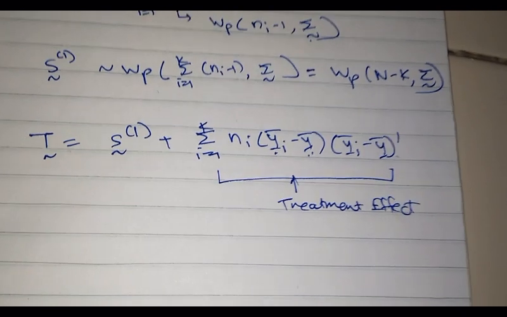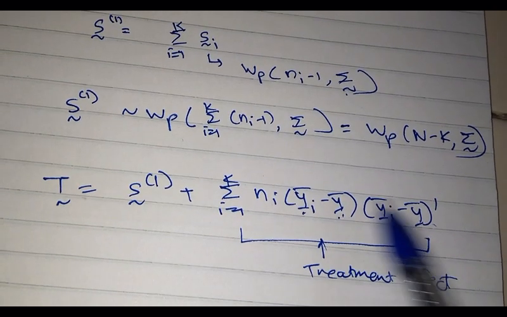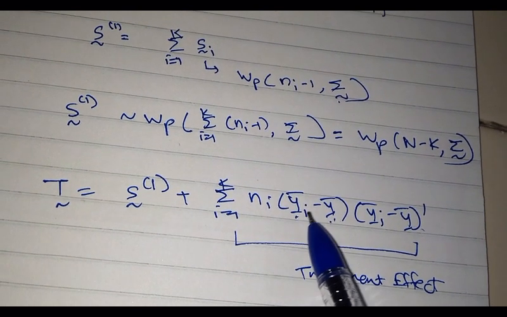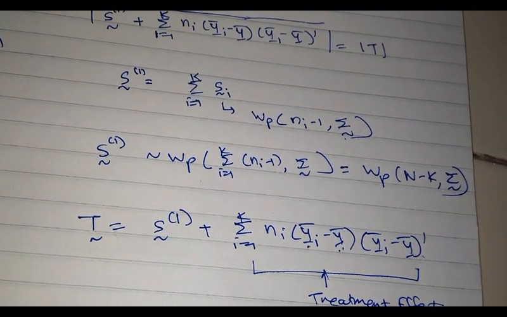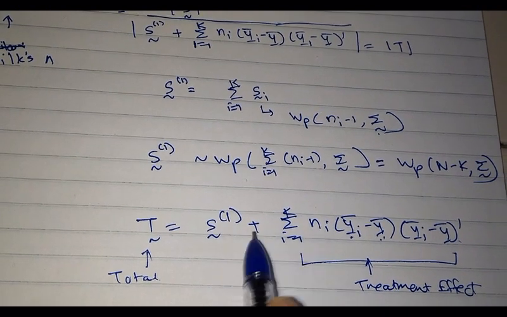You can go back to your BSc notes and check. Your treatment sum of squares is defined in such a manner: ith group mean minus overall mean, whole square. So this is your treatment effect. This is your total sum of squares, because you have the addition of two sums of squares.